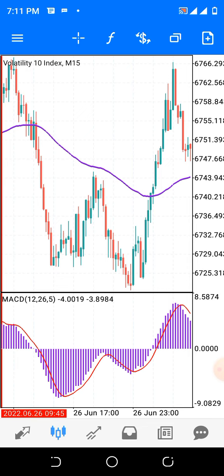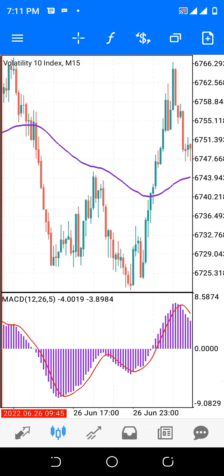While when there is movement from the positive side of MACD down to the negative side of MACD, you are meant to take a sell position, provided there is a simultaneous crossing of the candlesticks across the moving average. Now, this is how the strategy works.